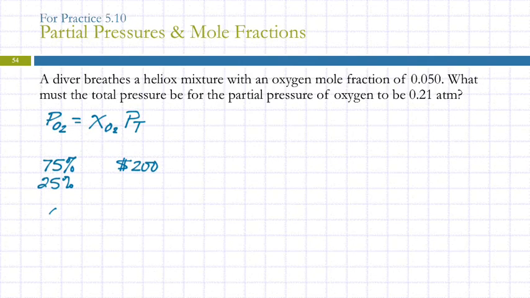Well, 25% is 0.25 as a fraction, or 25 per 100. It's 1/4. 0.25 times 200. So how much am I going to pay? $50.